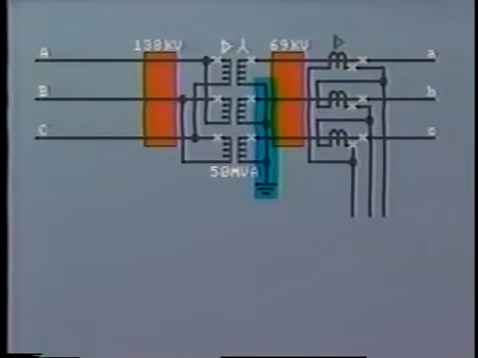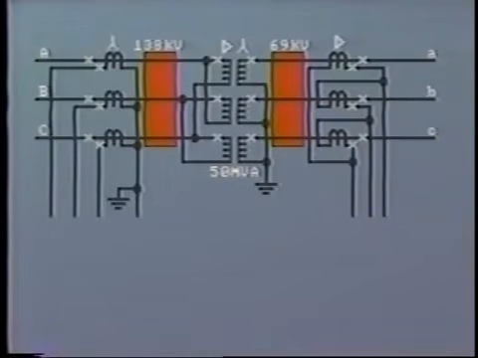Therefore, the CTs on this side of the transformer should be connected in delta, as we have just explained. Having established this, it is obvious that the CTs on the delta-connected primary must be connected in Y so as to correct for the 30-degree difference across the transformer.